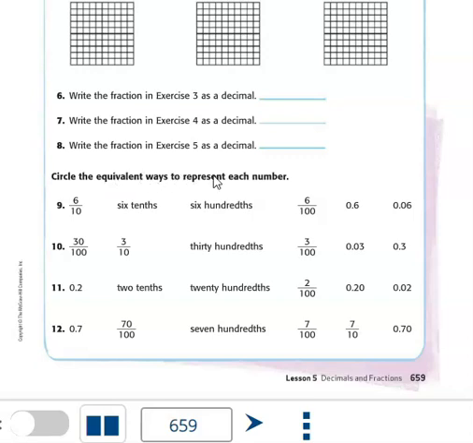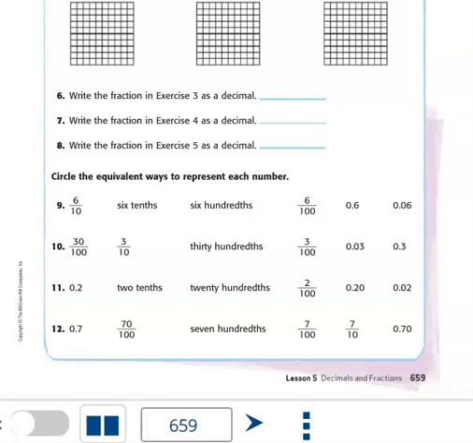Circle the equivalent ways to represent each number. So I have to look and see what are all the possible ways to write each of these fractions of a whole.